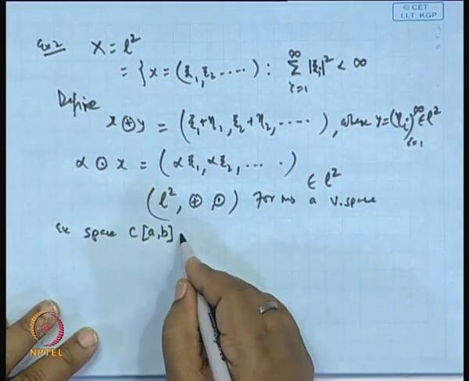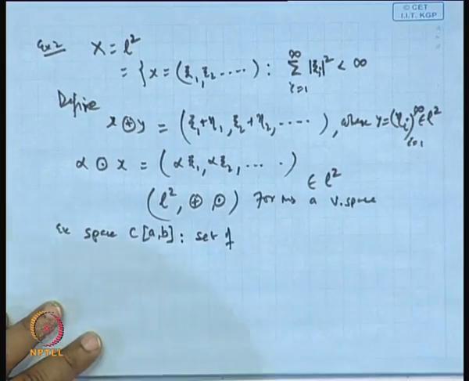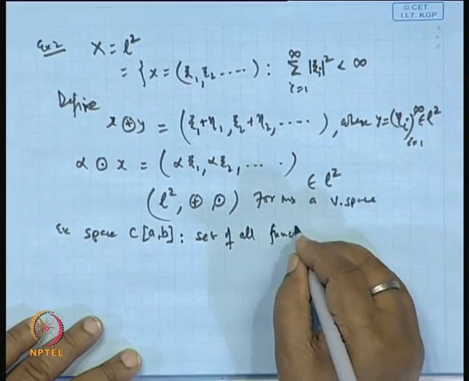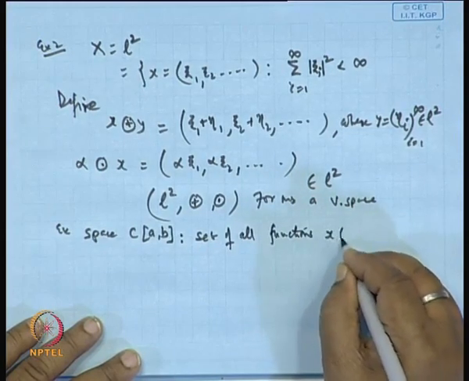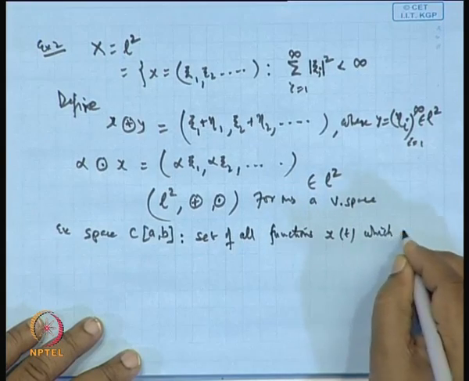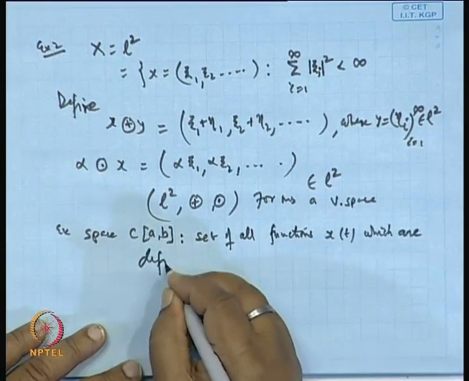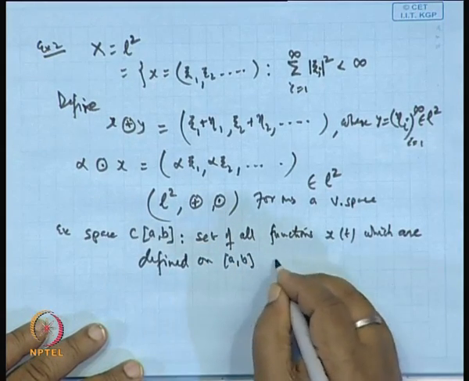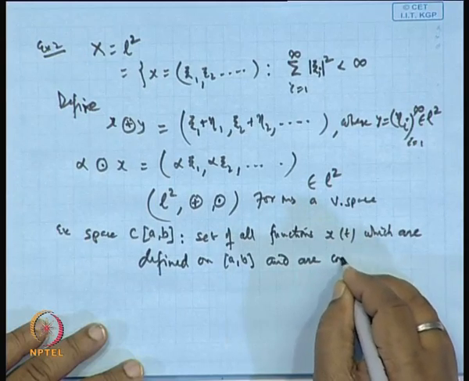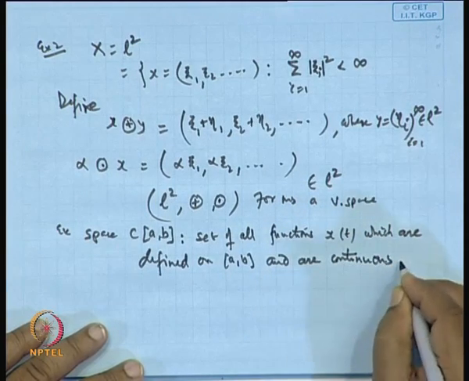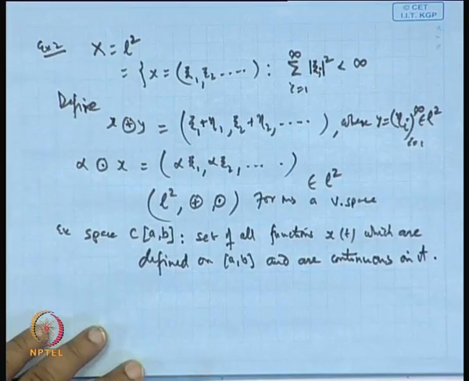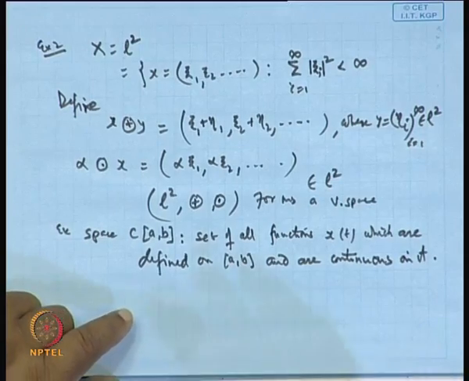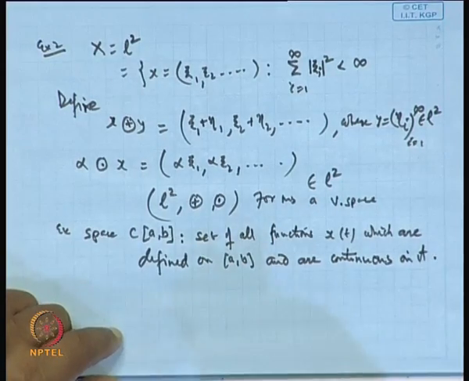C[a,b] is the set of all functions x(t) which are defined on the closed interval [a,b] and are continuous on it. So, the set of all continuous functions defined over the closed interval [a,b].